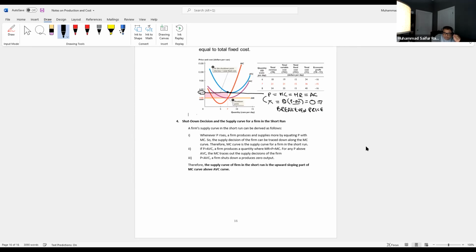So break-even price is 14, where a firm earns 0 economic profit. 3 is the shutdown price, where our firm shuts down, does not produce anything. Any price between the break-even price and the shutdown price is a price at which our firm earns a loss. And at any price over and above the break-even price, our firm earns profit.